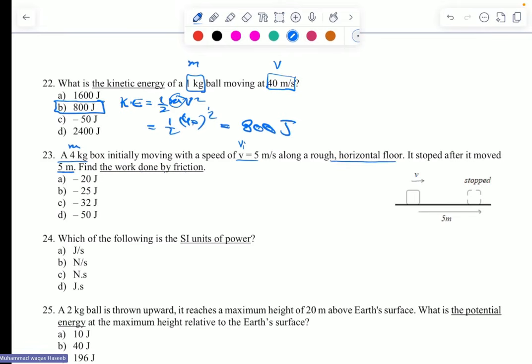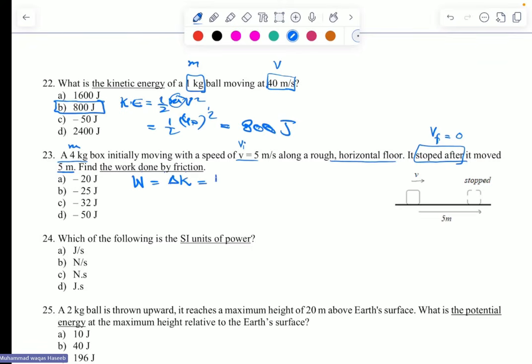So we're going to apply the work energy theorem. If it stopped after some time, it means its final velocity is zero.